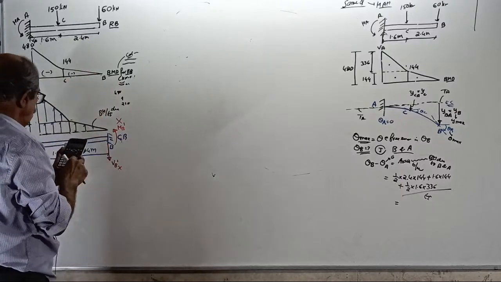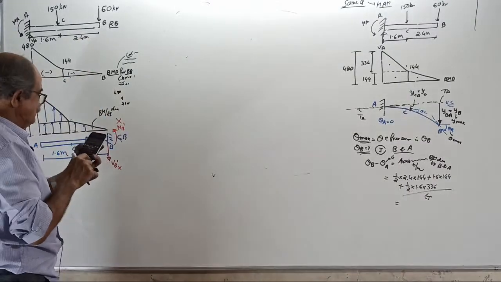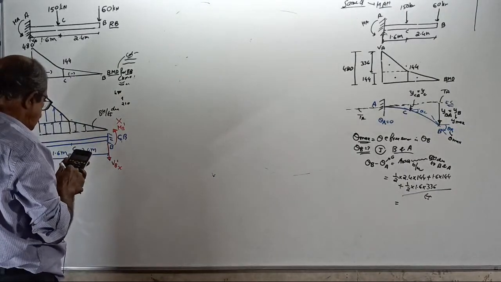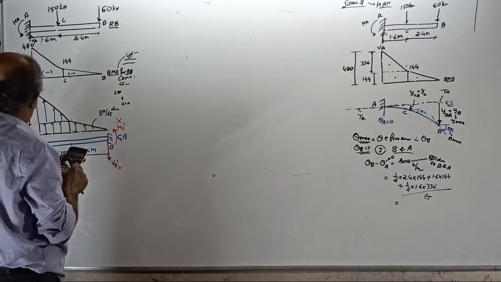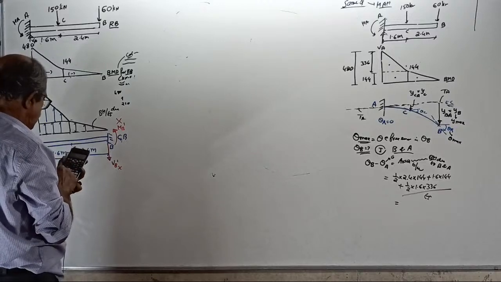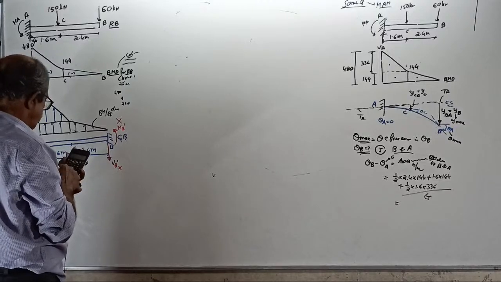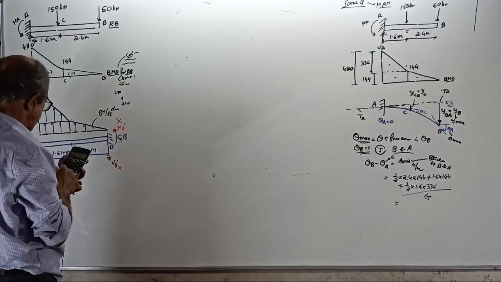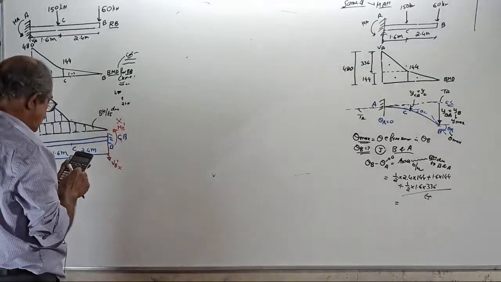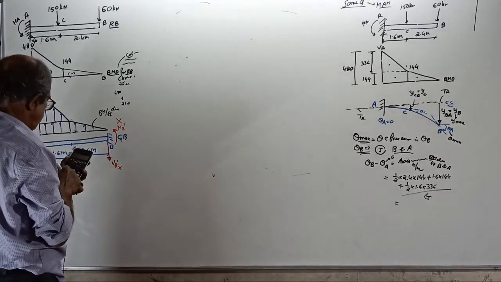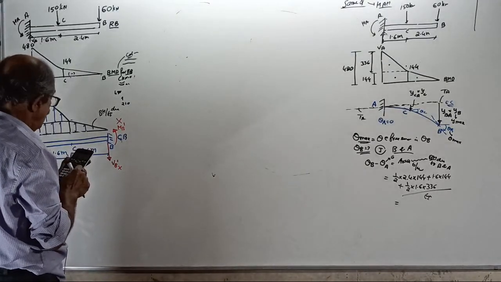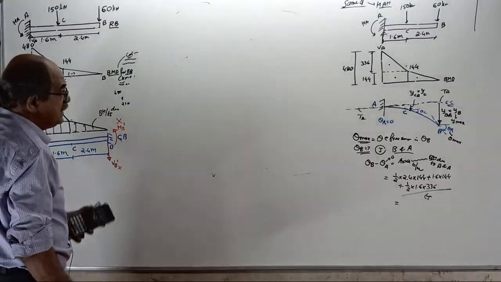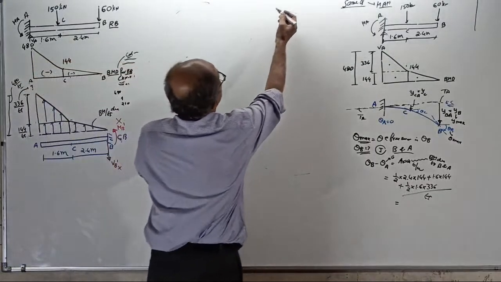Slope at B: minus 480 into 4 square divided by 2, plus 210 into 4 square divided by 2, minus 150 into 2.4 square. 672 is my first answer.